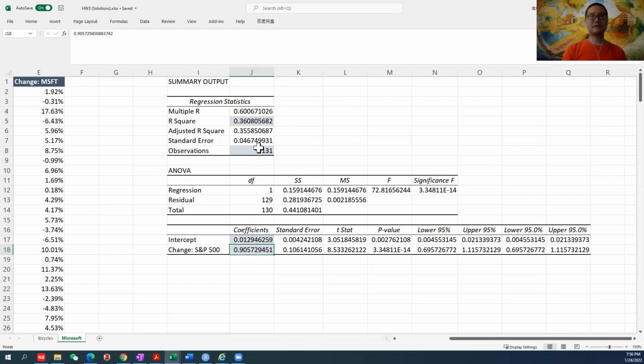But R squared tells us the percentage of variation that can be explained. So the information between these two is not interchangeable. So don't get confused.